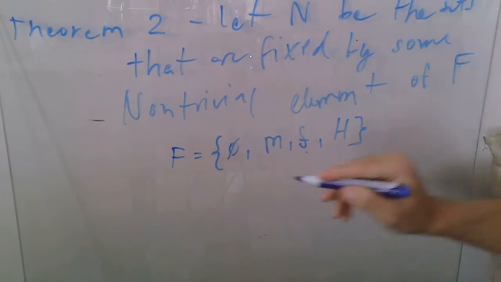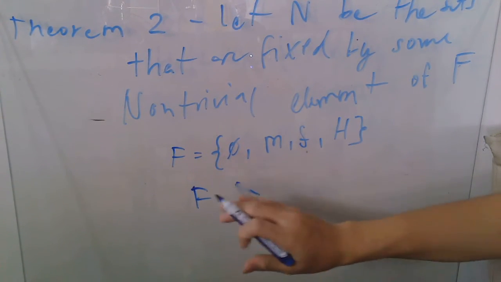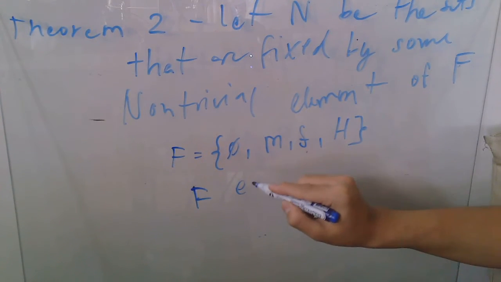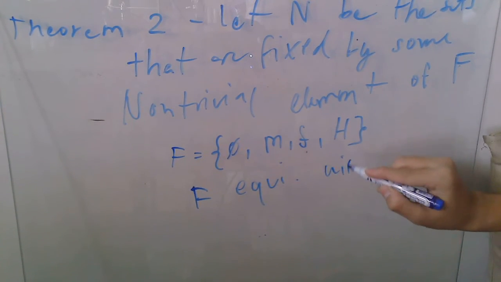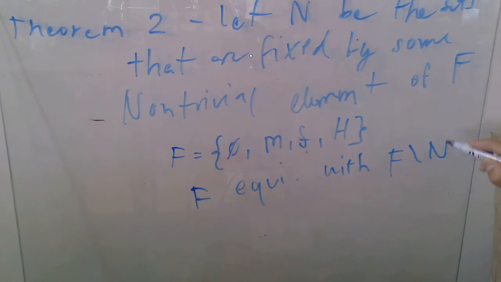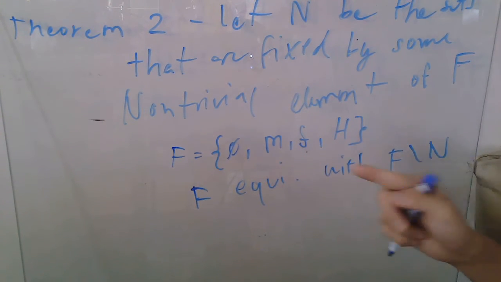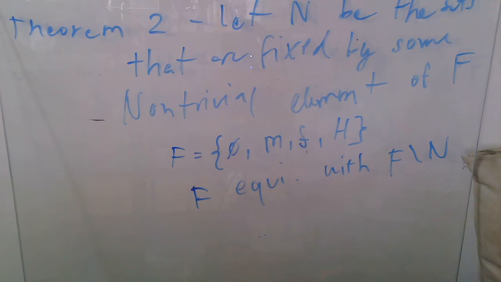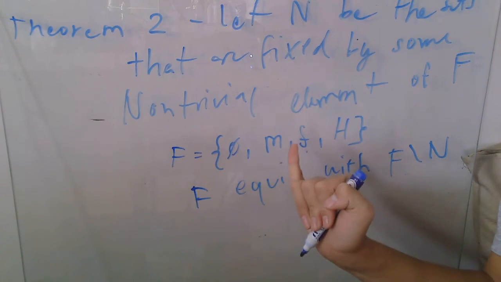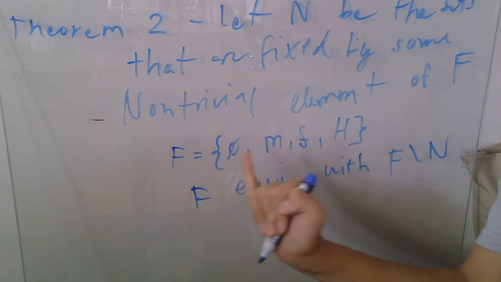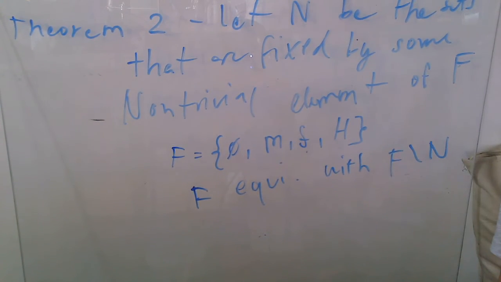We're basically saying that F is equidecomposable with F not containing N. So F without N, so F without these two elements. We're going to use these two over here, maybe even include H. So F is defined to be this, but this is equivalent to itself without M and F.